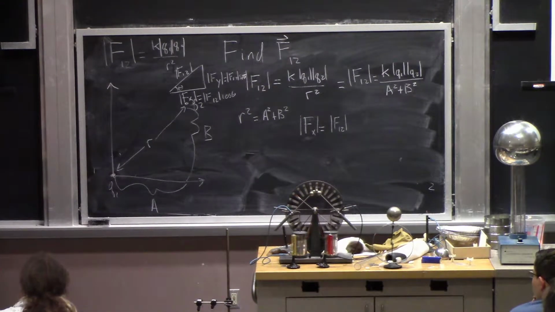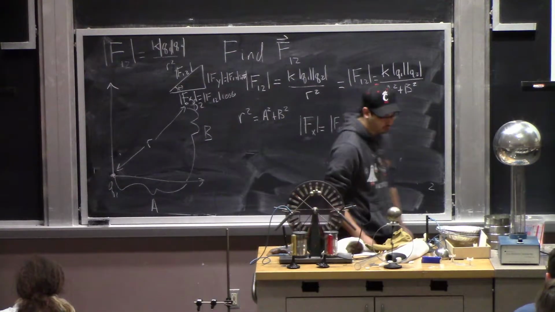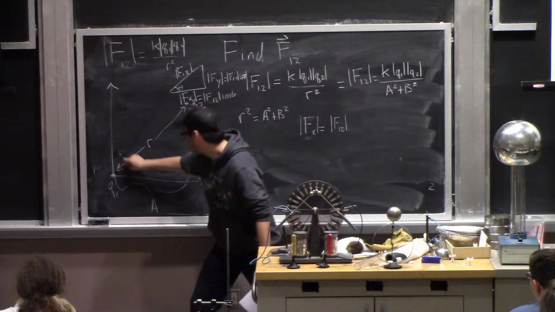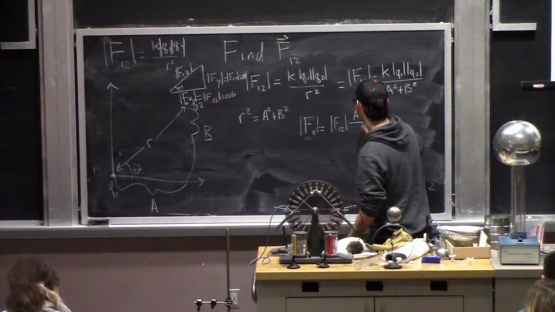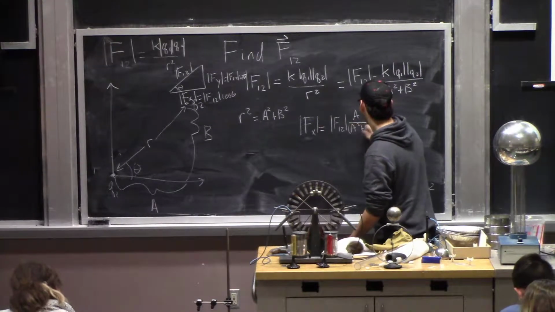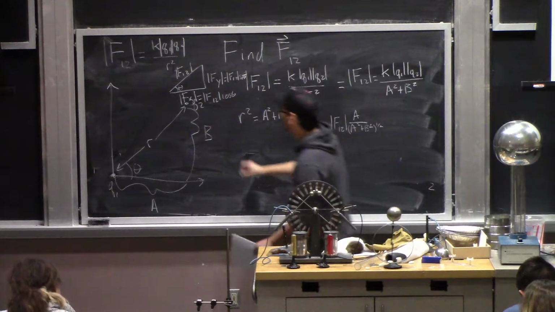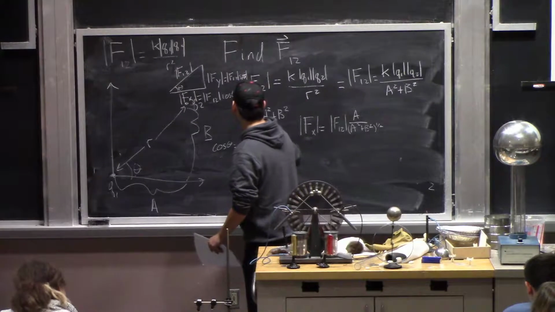Adjacent, right? So what's the adjacent part of the triangle for the dimensions that I have here? It's A, right? So this is going to be A divided by R, which is A squared plus B squared to the 1/2, because cosine of theta is A over R, okay?